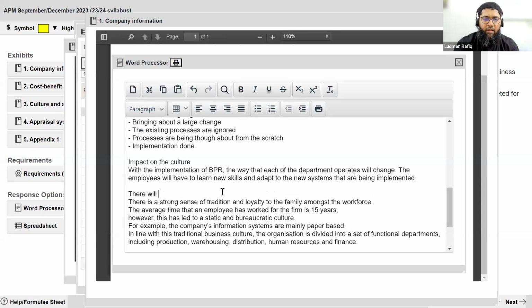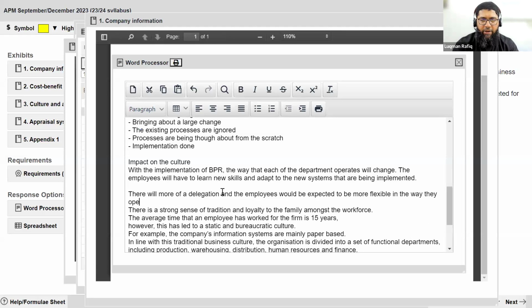There will be more delegation, and the employees would be expected to be more flexible in the way they operate, rather than becoming used to the bureaucratic.